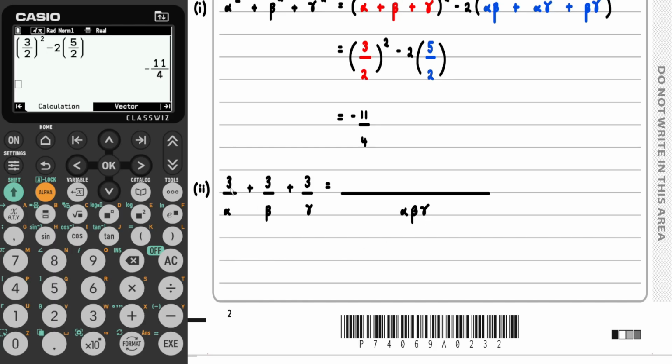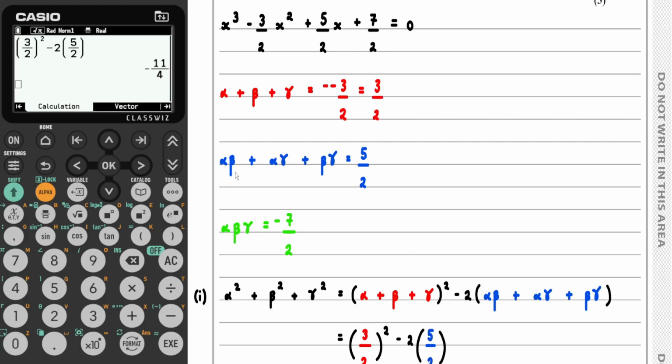And so, for the first term, we have 3 beta gamma. For the next term, we have 3 alpha gamma. And for the final term, we have 3 alpha beta. So we have 3 multiplied by alpha beta plus alpha gamma plus beta gamma divided by alpha beta gamma.